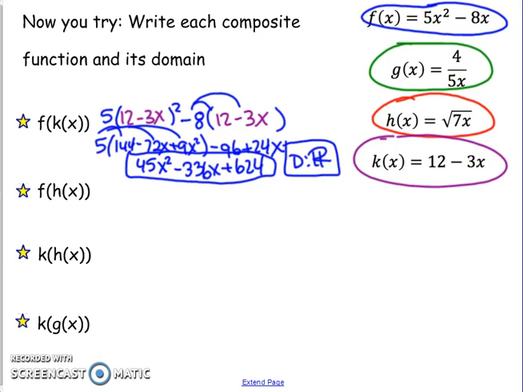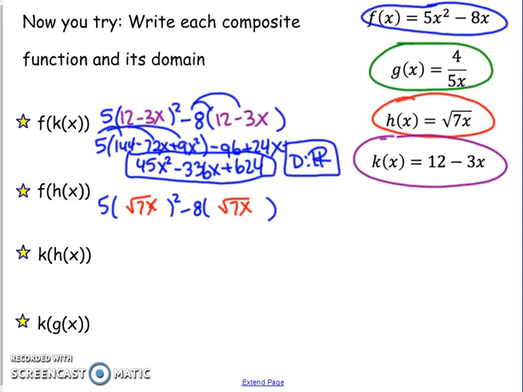Okay, f of h of x. So we're going to have 5 blank squared minus 8 blank. And we're plugging in the h function. So we're going to plug in radical 7x here, and radical 7x here. So I'm going to square radical 7x, and I'm going to get 7x.